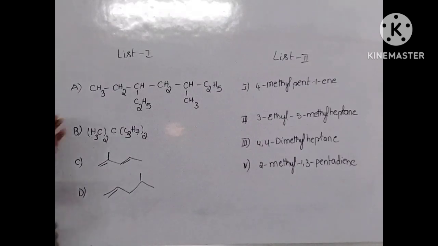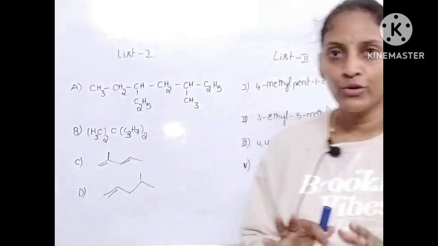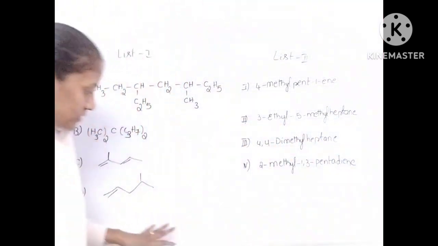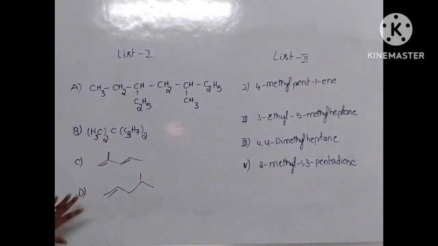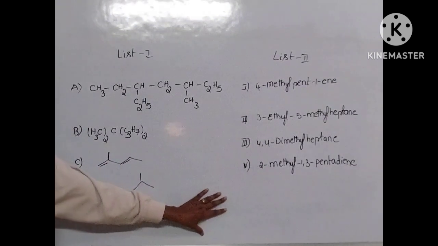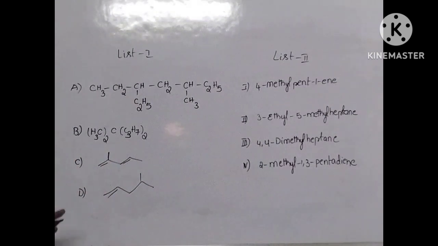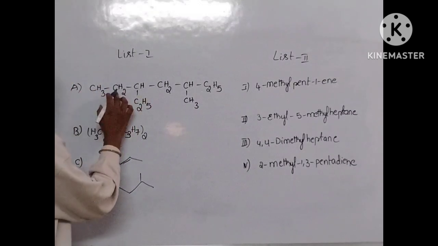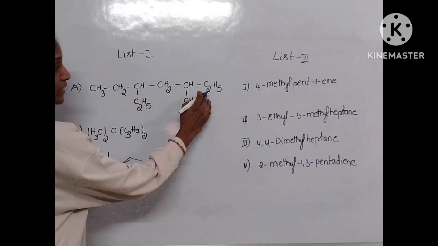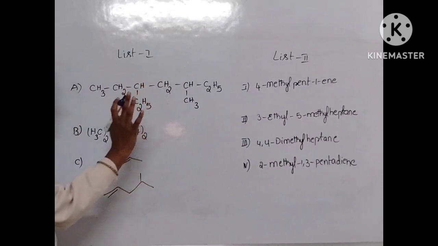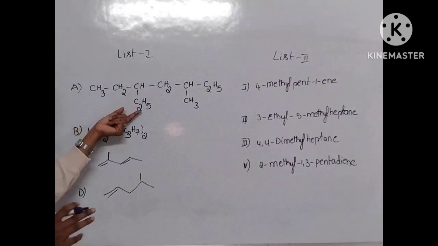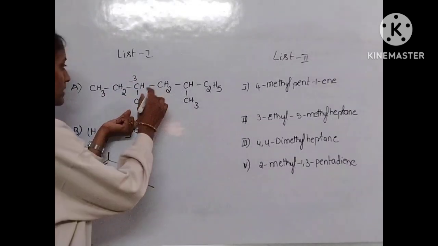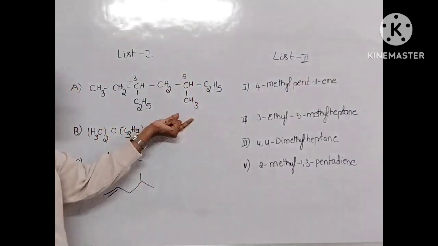Here in this question, we need to identify IUPAC names for these compounds. You will have options down in your examination; I didn't write those options here. Just try to understand, okay? If you give numbering 1, 2, 3, 4, 5, 6, 7, at third place an ethyl group is there, at fifth place a methyl group is there.